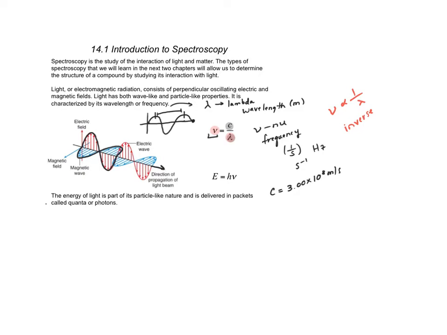But we also know that light has particle-like properties, particularly in how it delivers energy. With respect to energy, light delivers energy in what are called photons, or quanta. These are like little packets of energy, little packets of light.